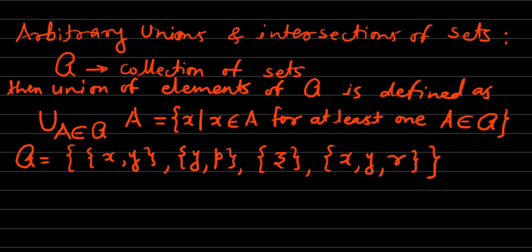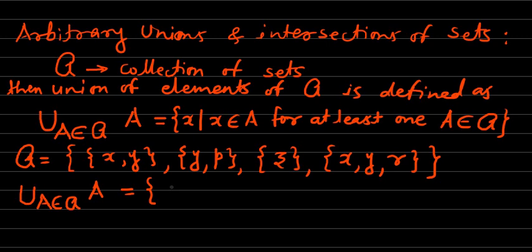If it is so, then if we consider the union of this A, where A can be the first set, second set, third set or fourth set, meaning any one set in this collection, then the union of A over A belongs to script A is nothing but the union of all these members.